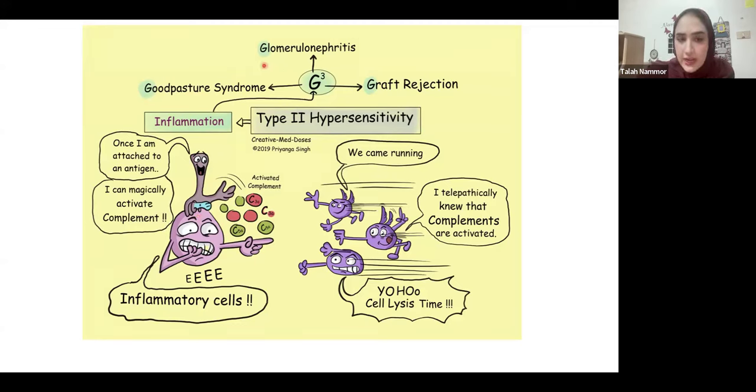Now glomerular nephritis, same thing happens. What happens is molecular mimicry, where something that's released by a bacteria, like a virulence factor or whatever, makes our antibodies think that a structure in our body is similar to that thing and they start attacking it.